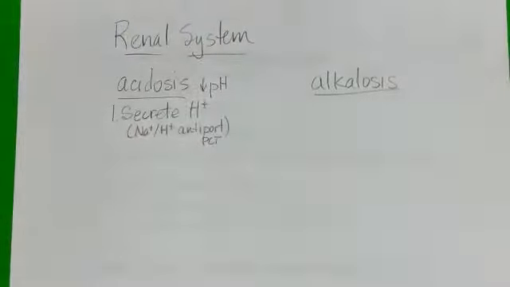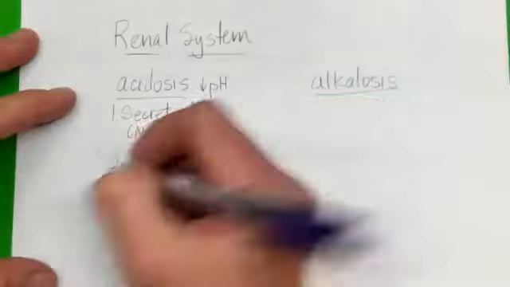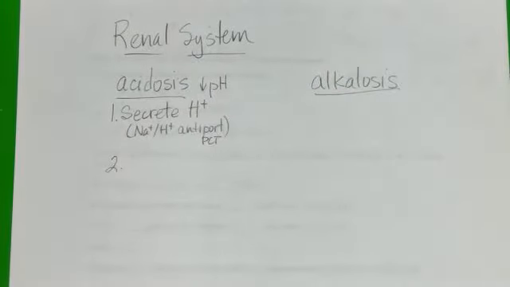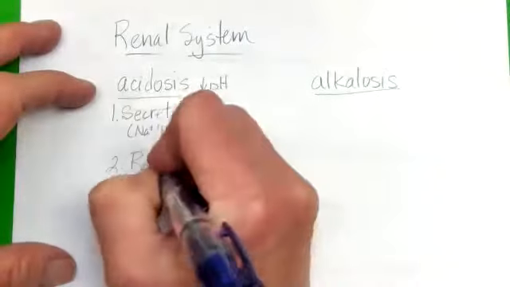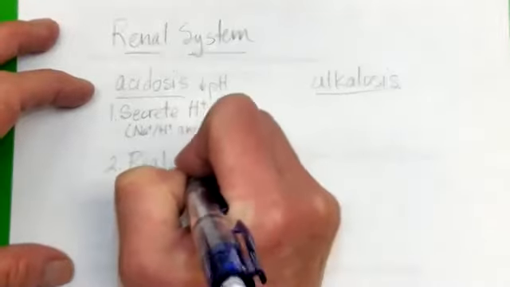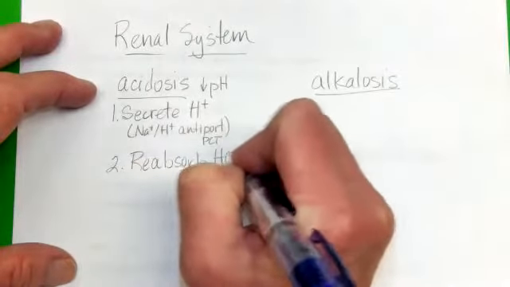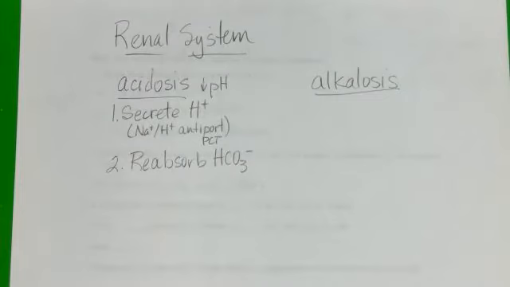So that's one thing. Second thing, if I can't fix my pH to the point where I need it to be by secreting hydrogen ions back into the tubule, then my next best thing, and I won't make you figure that out, is reabsorb bicarbonate. So I can bring that back.